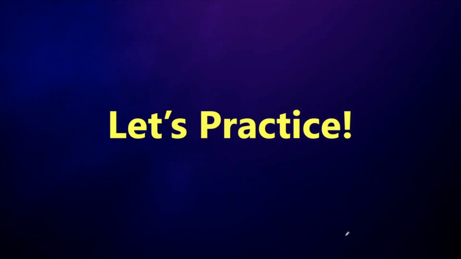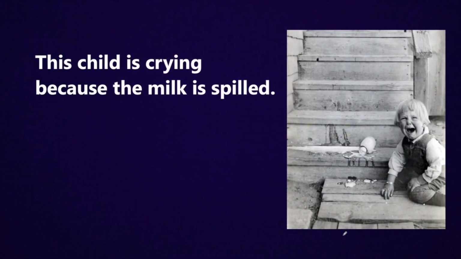So let's practice a little bit. Look at this sentence. This child is crying because the milk is spilled. Do you see the participles in this sentence? There are two, crying and spilled. So are these being used as verbs or as adjectives?